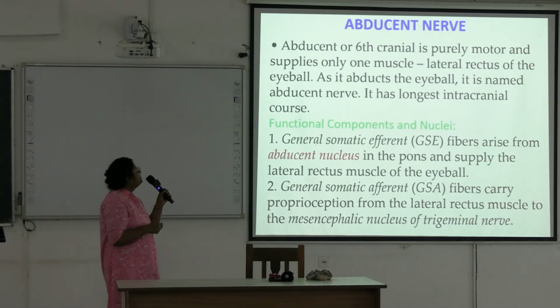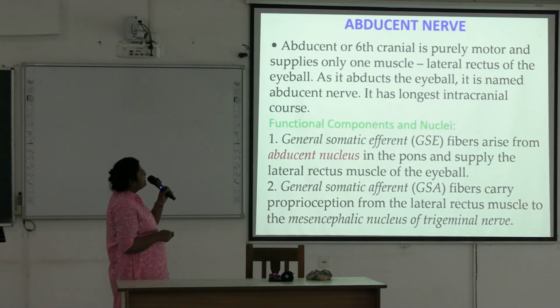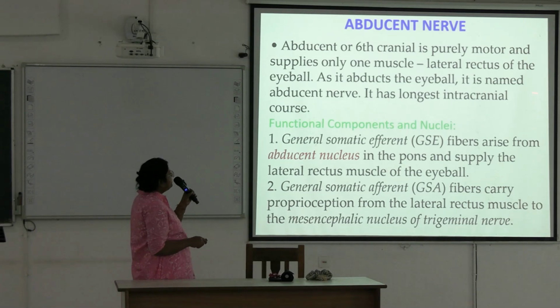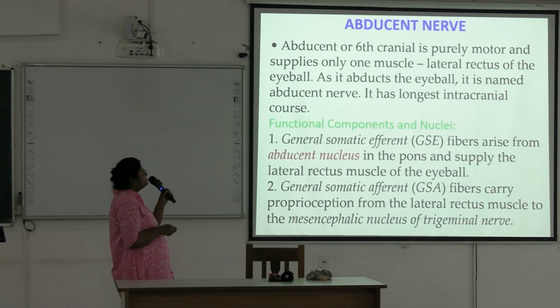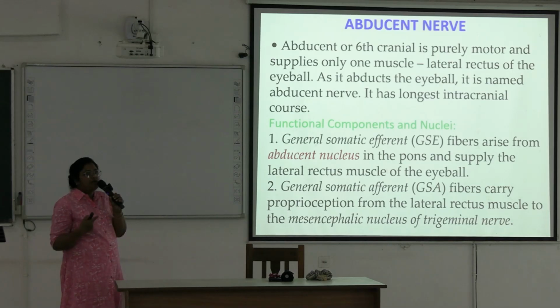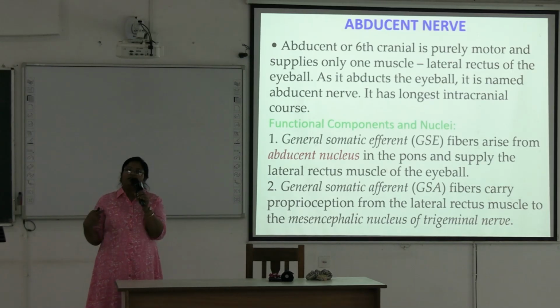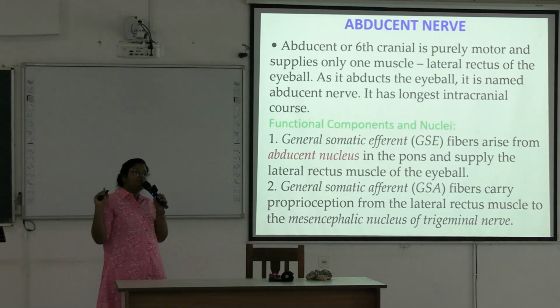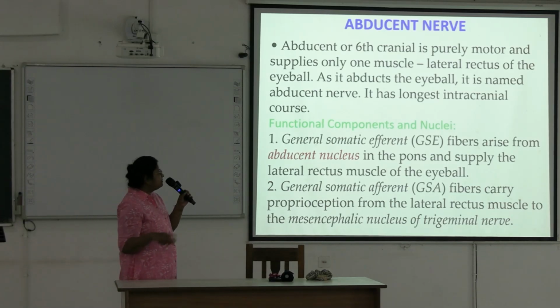As it abducts the eyeball, it is named the abducent nerve, and it has the longest intracranial course. This line is important for your MCQ. The abducent nerve has the longest intracranial course. The trochlear nerve is the only nerve coming out from the dorsal aspect. These are very frequently given in your MCQ.